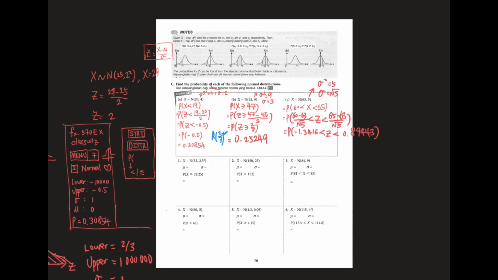Now to press the calculator, again menu 7 number 2, choose normal CD. The lower is this value, negative 1.3416. The upper is this value, 0.89443.